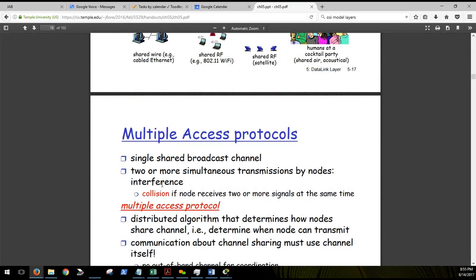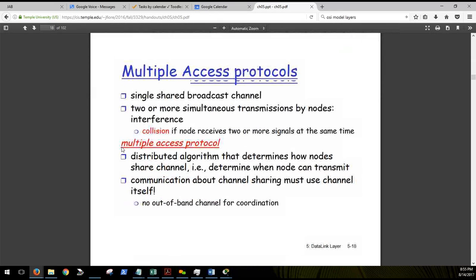In order to avoid collisions, we have what's called a multiple access protocol, a distributed algorithm that determines how nodes share a channel and determine when a node may transmit. Communication about the channel sharing must use the channel itself. There is no out-of-band channel for coordination. In other words, there's no other link for communicating the sharing of the channel.